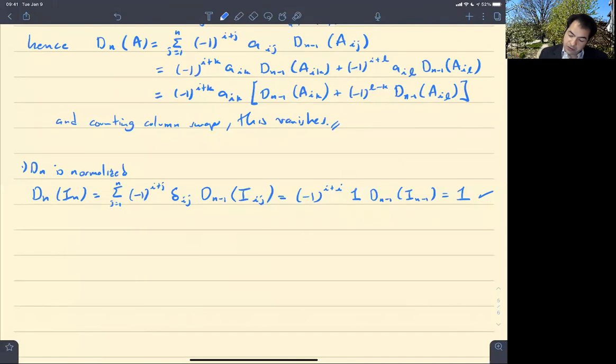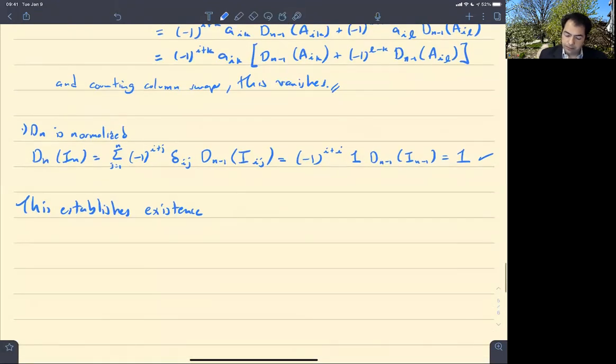Right, this establishes existence. We will also prove uniqueness by induction.